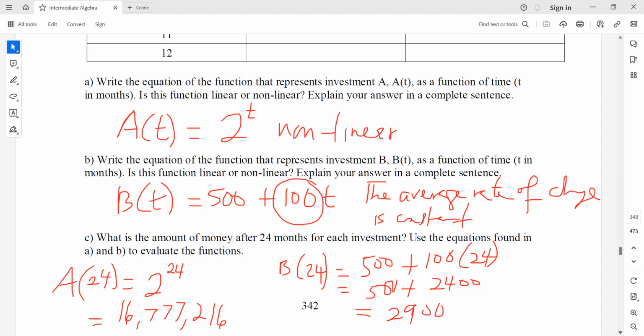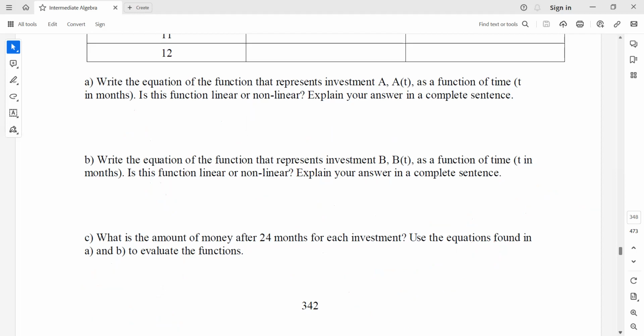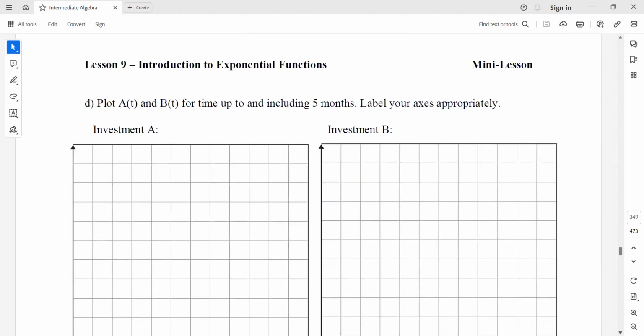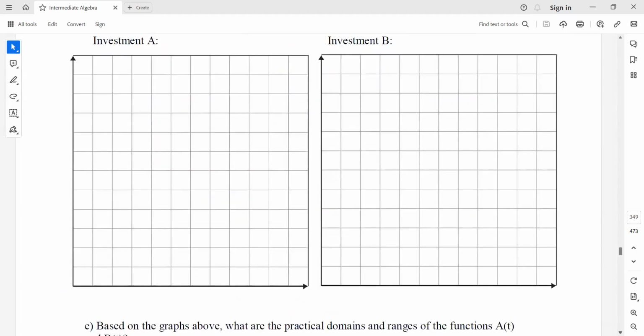Now we are supposed to draw the graph. So if I label this, let's do that. So this is going to be my y-axis.